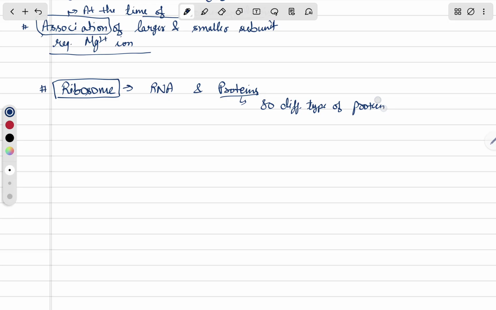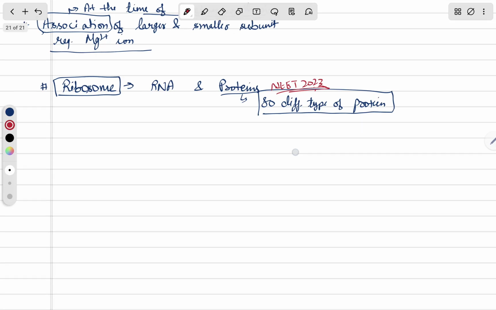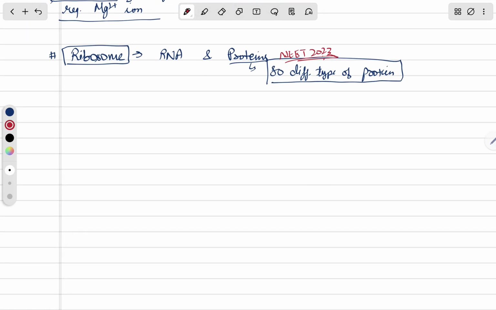Now this is very important. This question directly came in NEET 2023, right? How many different types of proteins are used for ribosomes? So 80 different types of protein. The type of RNA which is involved in the structural form of ribosome is rRNA.